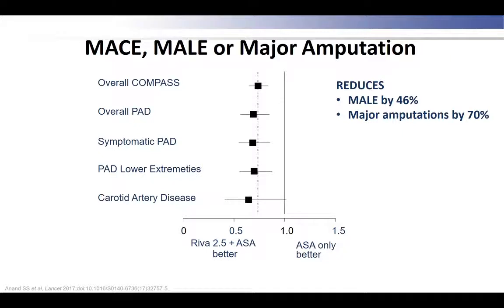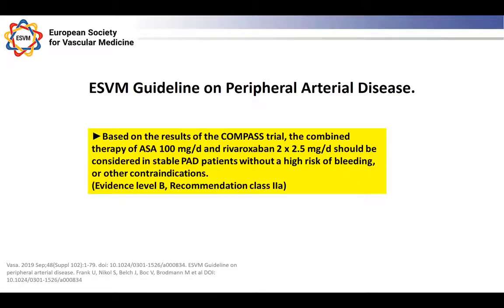And in fact, that is PAD and that is carotid disease. And you can see combination of MACE and MALE, this is a better combination. And this has led to the guidelines suggesting that this combined therapy, which attacks the residual risk of thrombosis along with the antiplatelet effect, is useful.